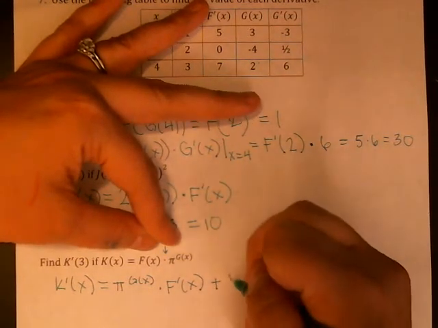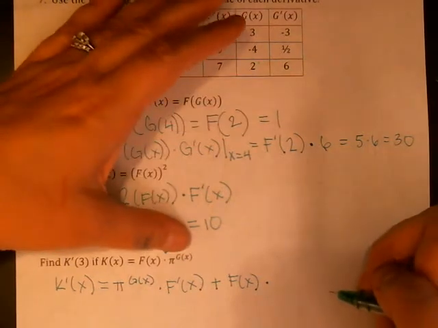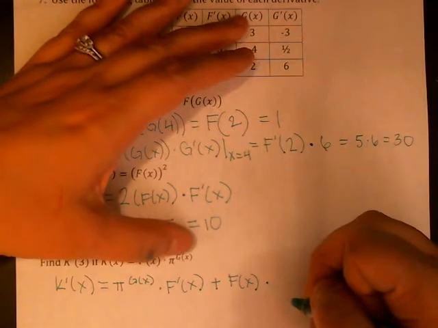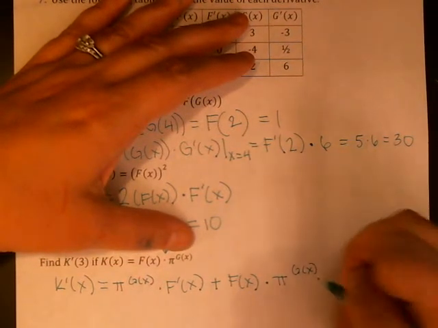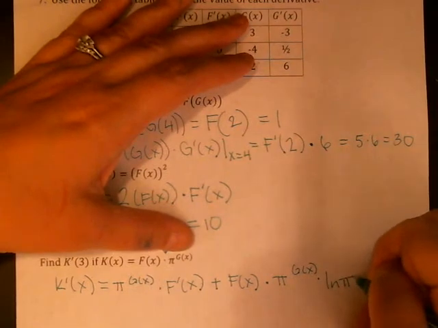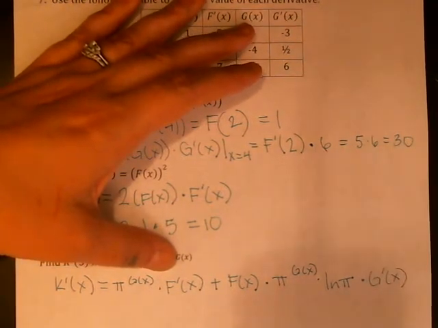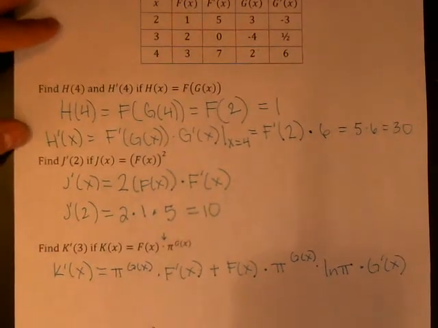And then I have plus the first, f of x, times the derivative of the second. And this is where we actually get a little chain rule showing up. Pi to the stuff, the derivative of that would be pi to the stuff multiplied by the natural log of pi. And then chain rule says don't forget to multiply by the derivative of the inner function, which is a g prime. So that's a big long mess.